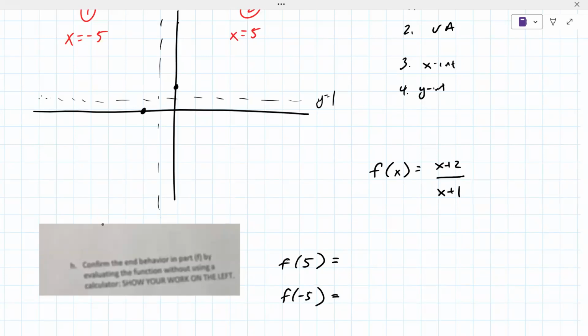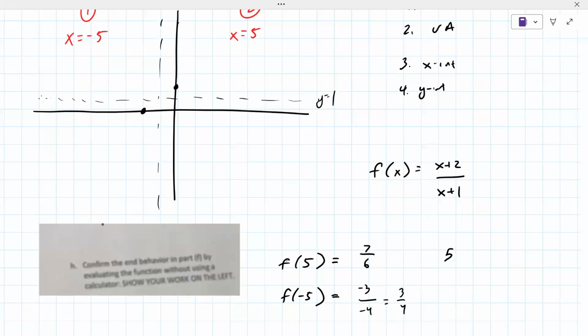Okay. So for f of 5, it's 7/6. And then for -5, it's 3/4.